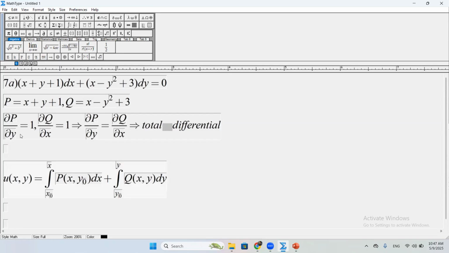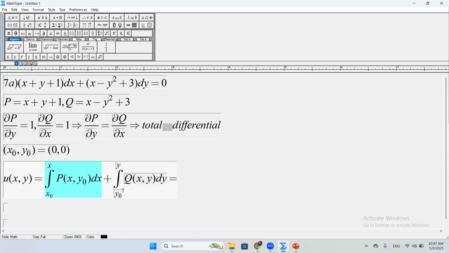And how to choose x0, y0? Actually, we can see that 0 is included into the domain, and it's always convenient to choose 0. So we will integrate.